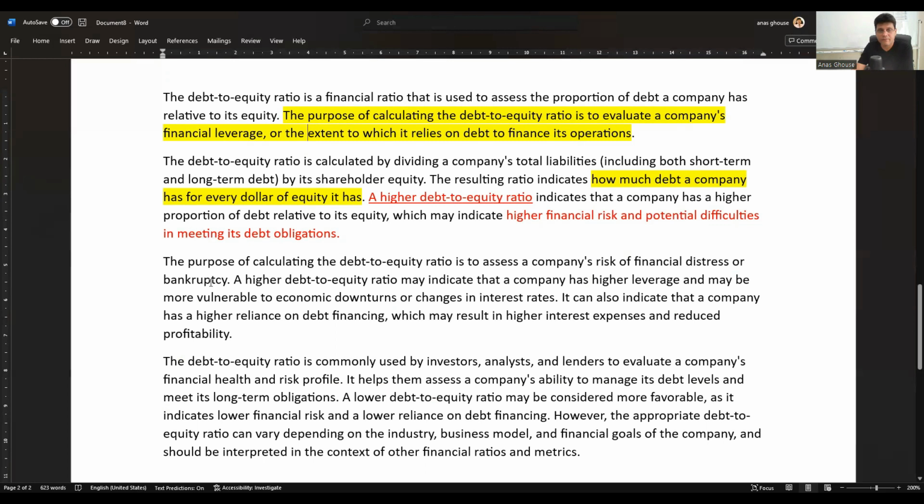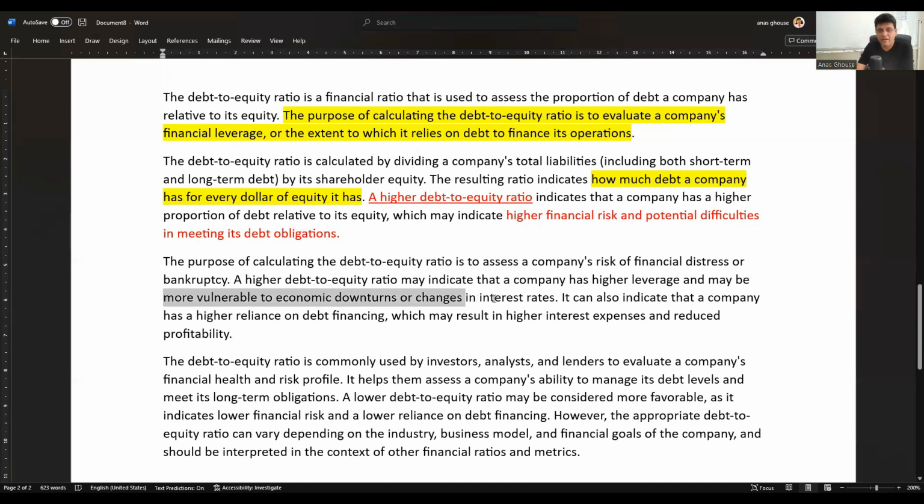The purpose of calculating the debt to equity ratio is to assess a company's risk of financial distress or bankruptcy. As I told you earlier, the financial leverage, the risk of financial distress or bankruptcy. A higher debt to equity ratio may indicate that a company has higher leverage and may be more vulnerable to economic downturns or changes in interest rates. This is very important.